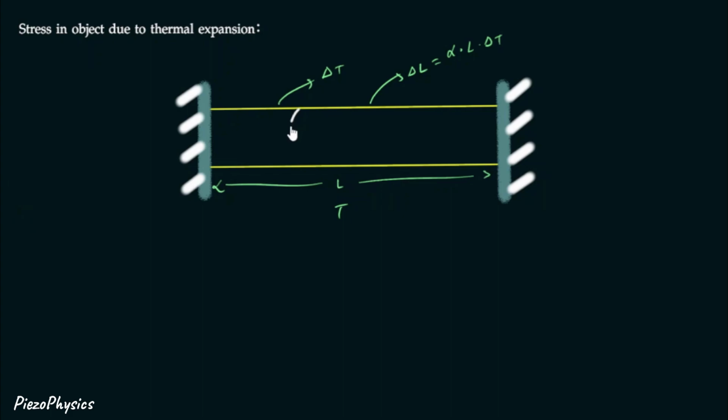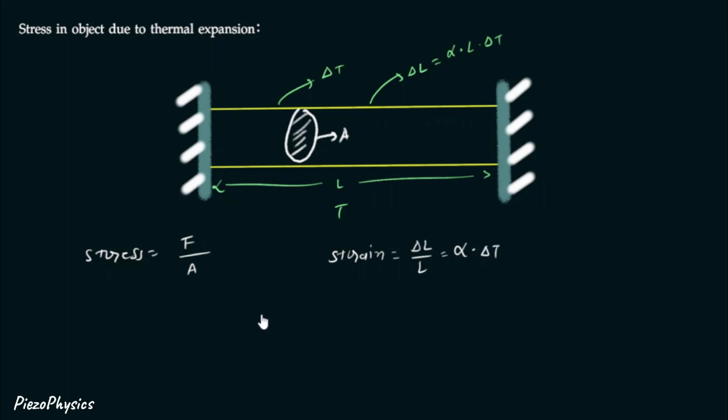If the cross section of this linear solid is A, then stress will be equal to the force due to this linear solid divided by the area of cross section, right? And strain is delta L by L, which from this formula we can write as alpha into delta T, right?